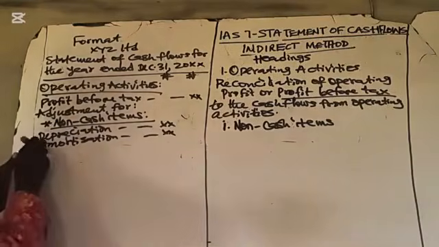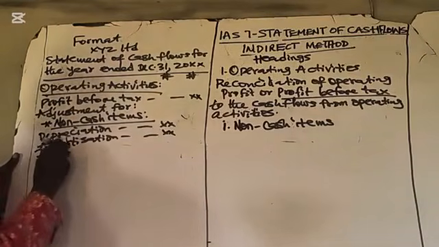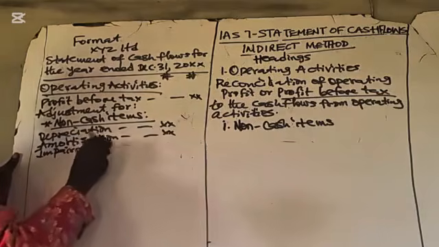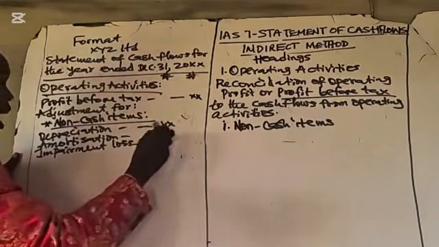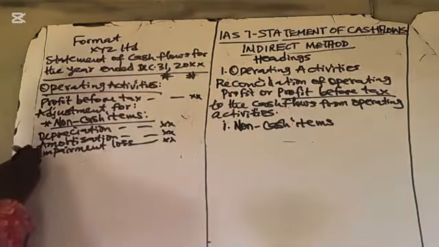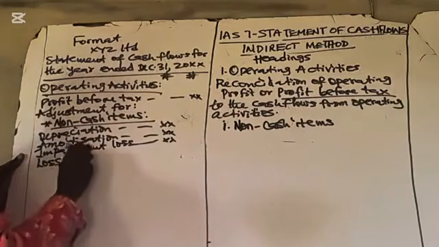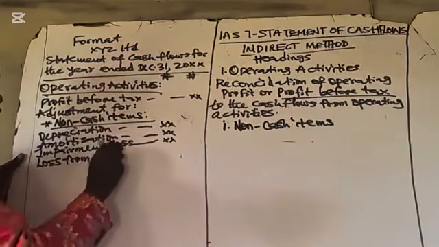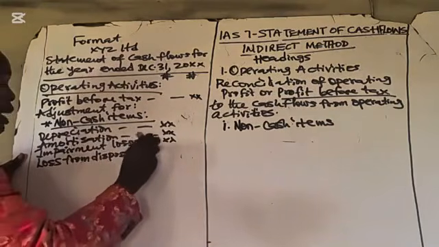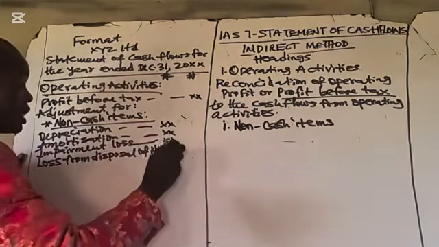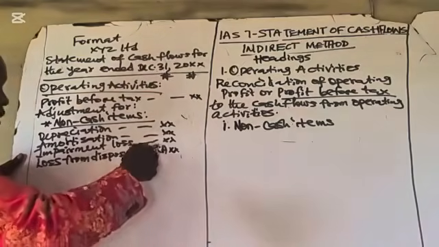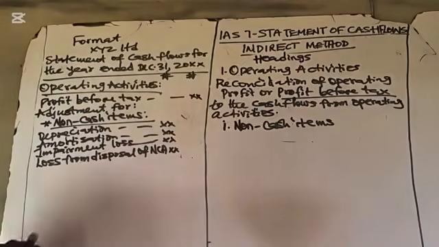Then if you have impairment loss, any. Then if there are loss from disposal of non-current asset, NCME non-current asset. Please take note of that.